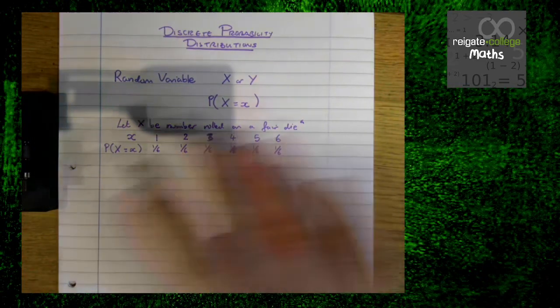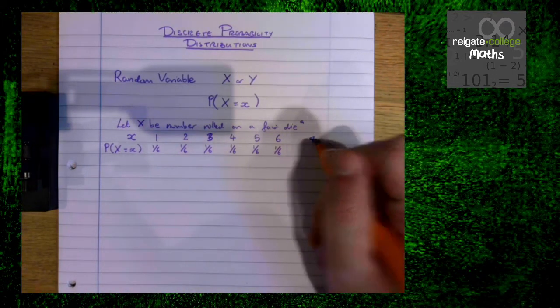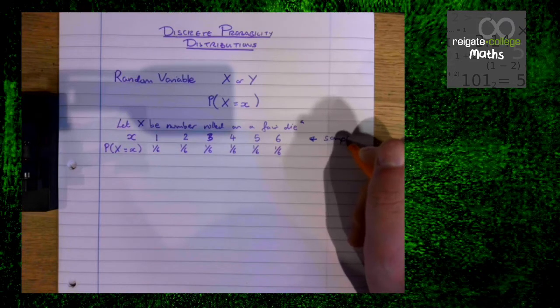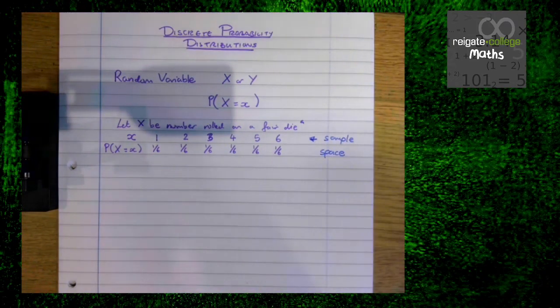This is what's known as a probability distribution because it describes the probability of all outcomes in what's known as the sample space. So the sample space is this row here. The sample space is the range of possible outcomes.